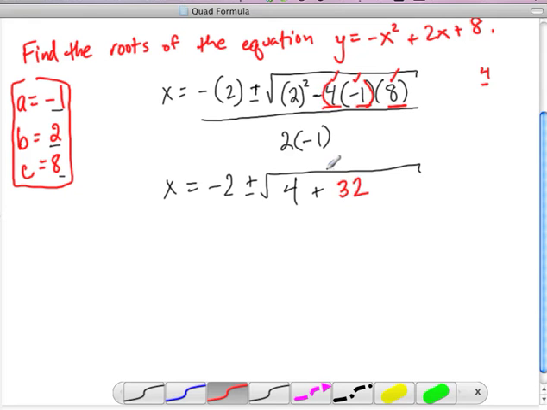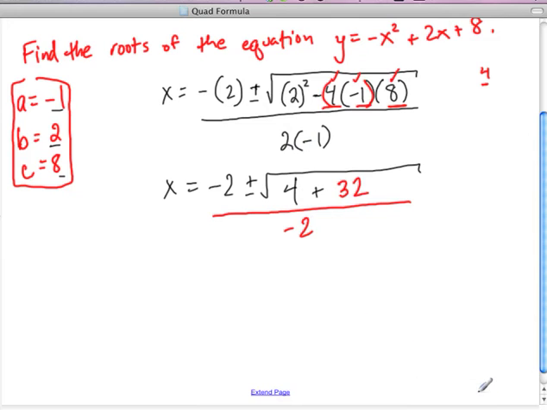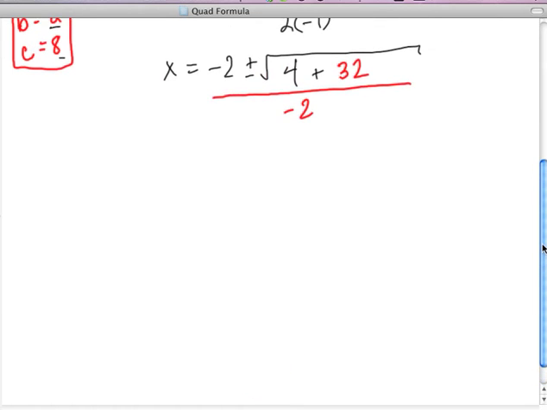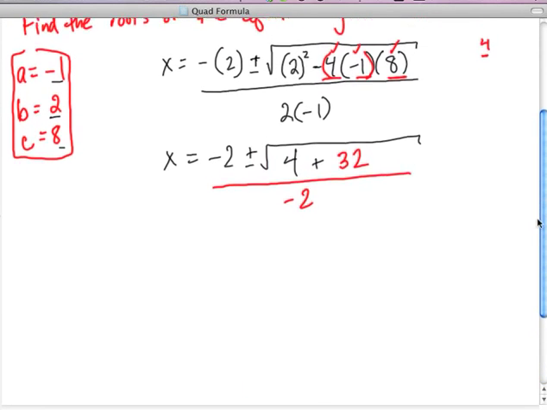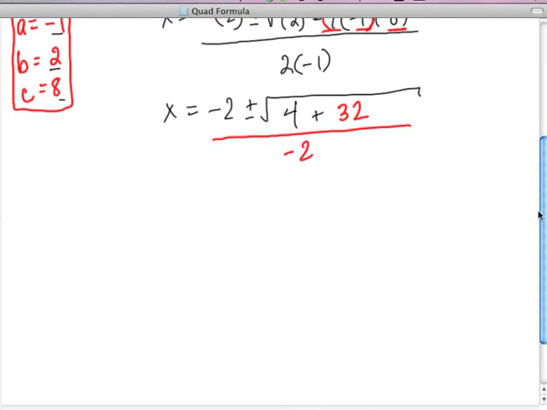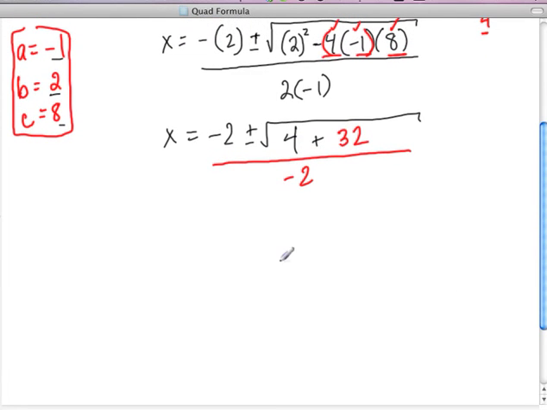All over 2 times negative 1, negative 2. All right, x equals negative 2 plus or minus the square root of 4 plus 32, 36, all over negative 2.